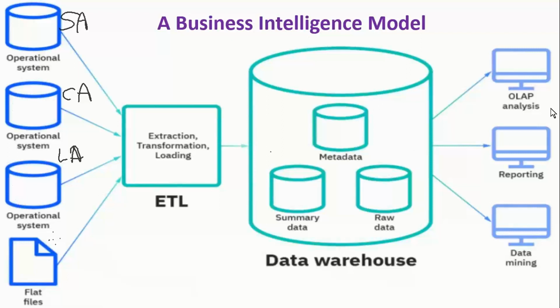Again, in warehouse, we have different categories, technically we call them bronze, silver, gold. So everywhere the end-to-end implementations start with the birth of data, start with database.